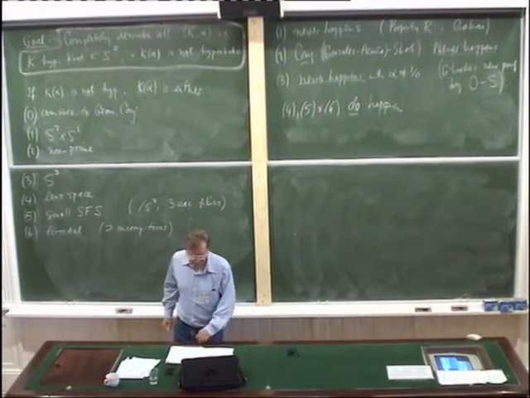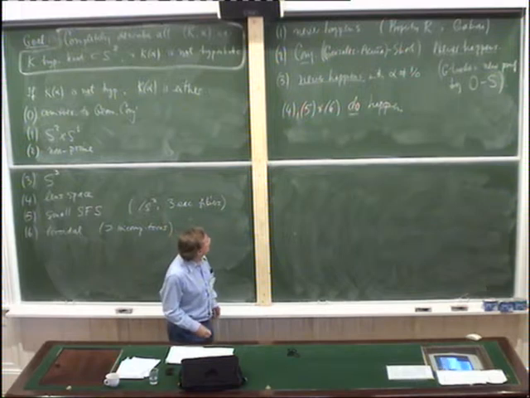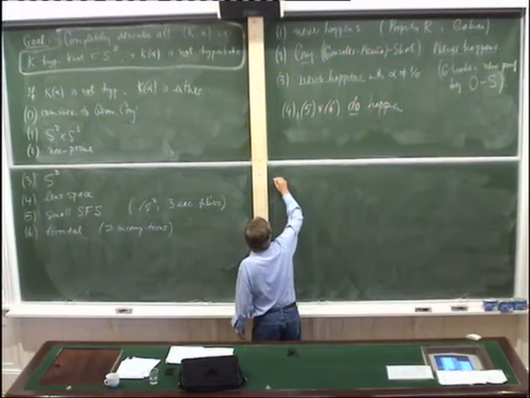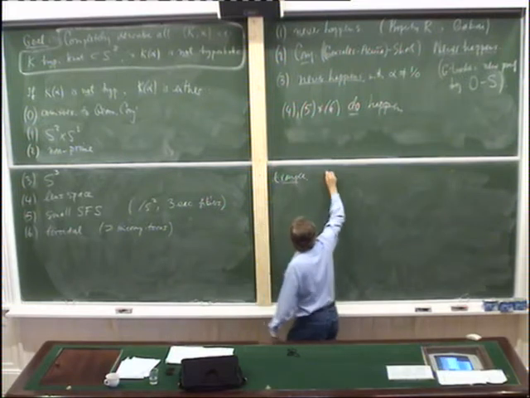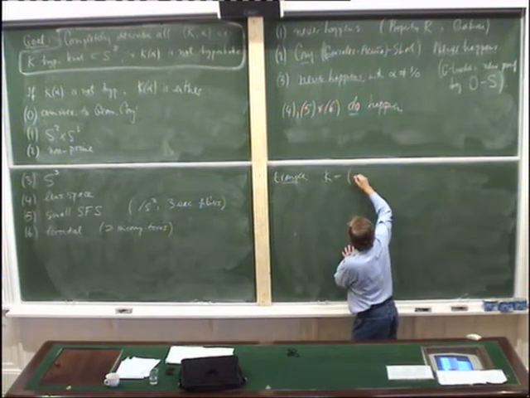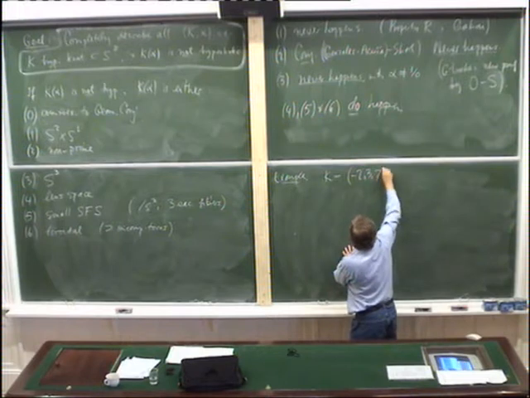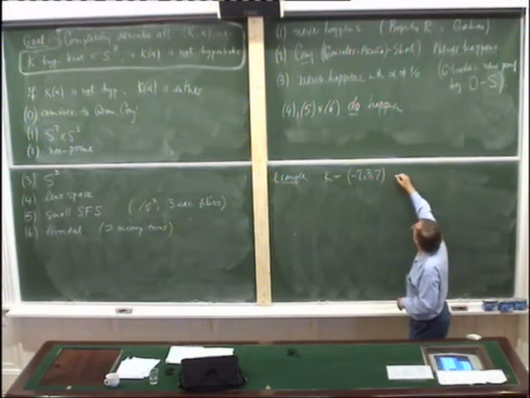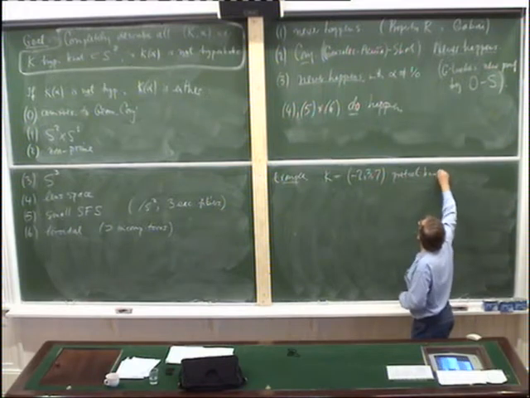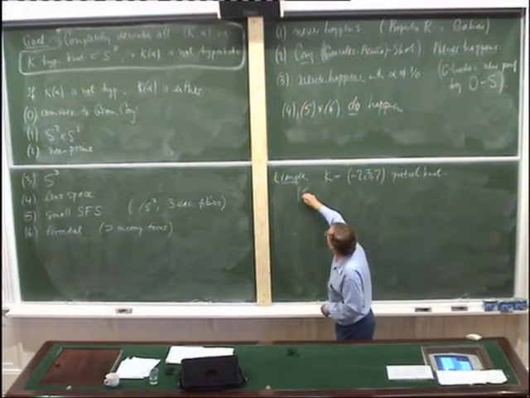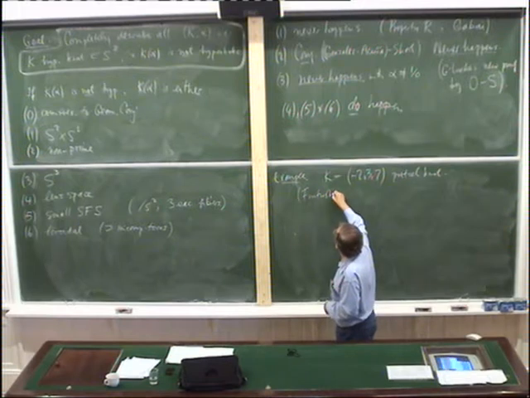So let me describe an example. If you take K to be, this is rather a famous knot in this context, the -2, 3, 7 pretzel knot. It's also sometimes called the Fintushel-Stern knot.